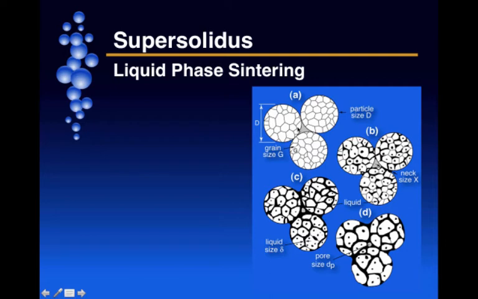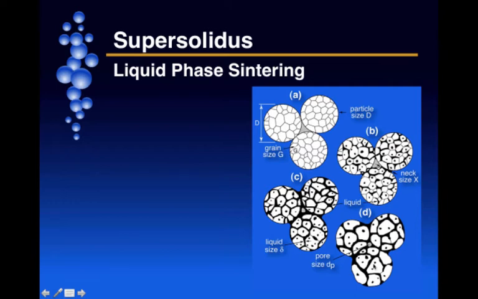and when you begin to heat this material above the solidus temperature, so super solidus, you begin to have some liquid phase occurring at the grain boundaries within each particle, and that then percolates out of the system and enables neck growths initially to form, and then overall densification between the particles.